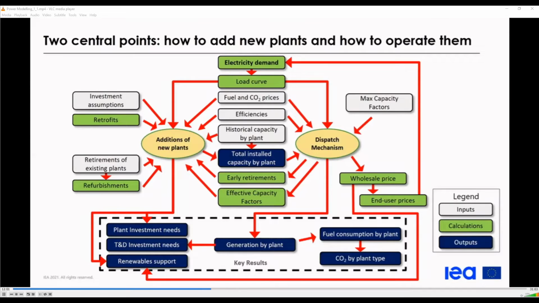We also have in green some calculations that would have an important impact on this module. Electricity demand, obviously, we build this capacity to meet demand. And we will look at this module first, then we will move on to the dispatch mechanism. Once we have those plants, this installed capacity, how do they operate?